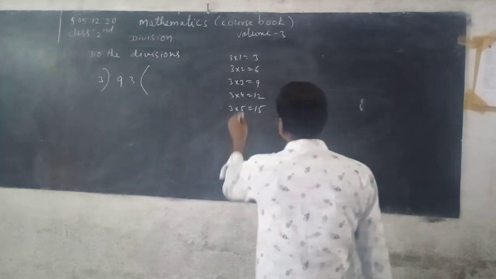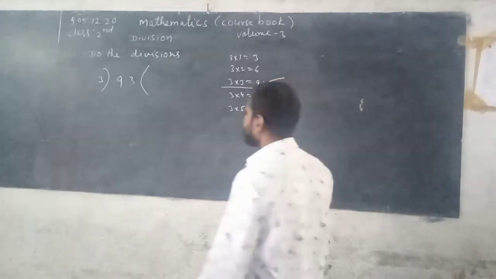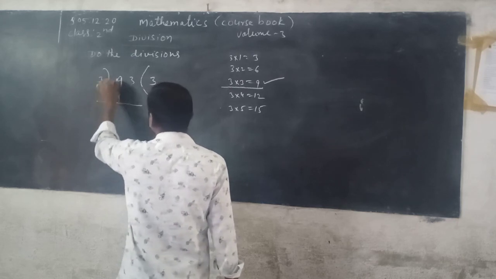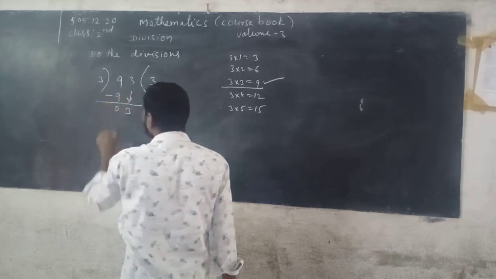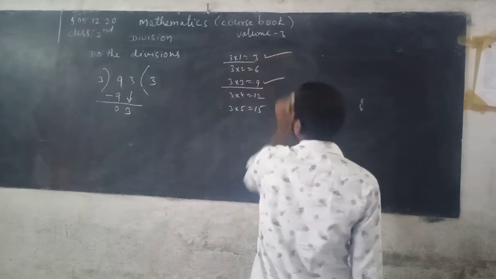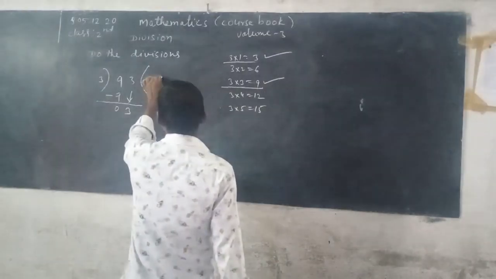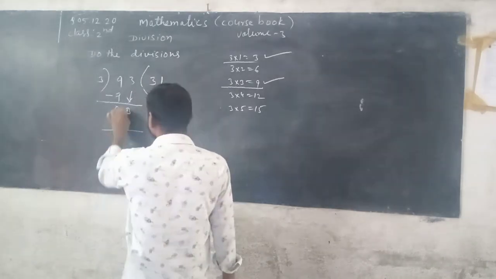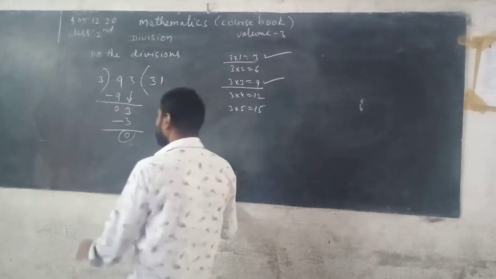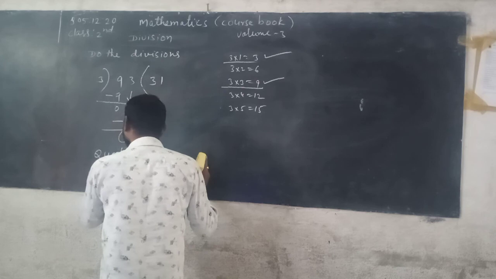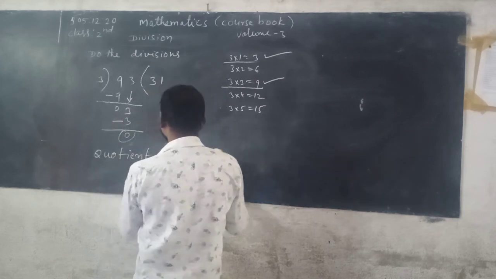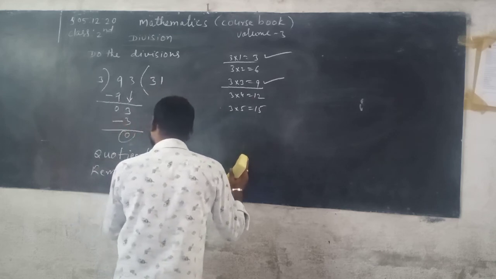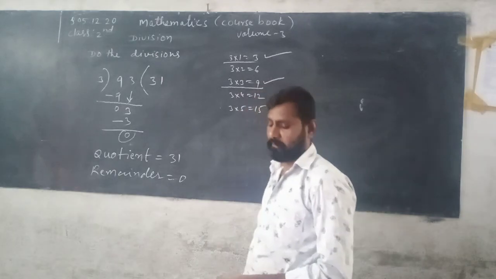So where is it divisible, 3 3s are 9. 3 3s are 9. 9 write down below 9. 9 minus 9, 0. Bring down 3 to the remainder. Again 3 1s are 3. So 3 1s are 3, write 1 in the quotient. So 3 write down below 3. Now 3 minus 3, 0. Stop it. Now quotient is equal to 31. Remainder is equal to 0.